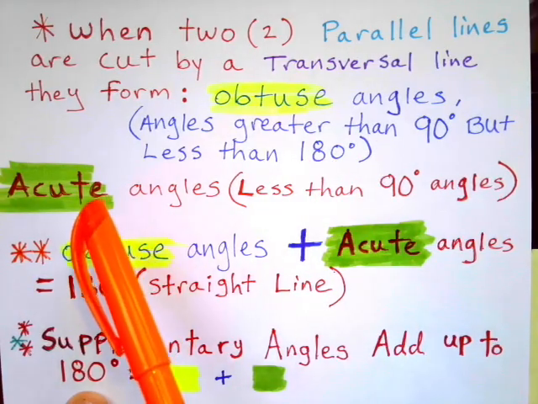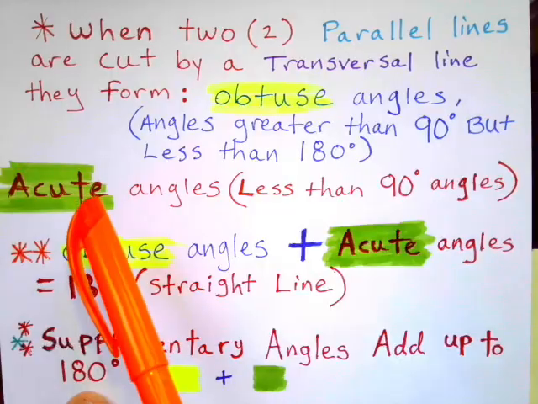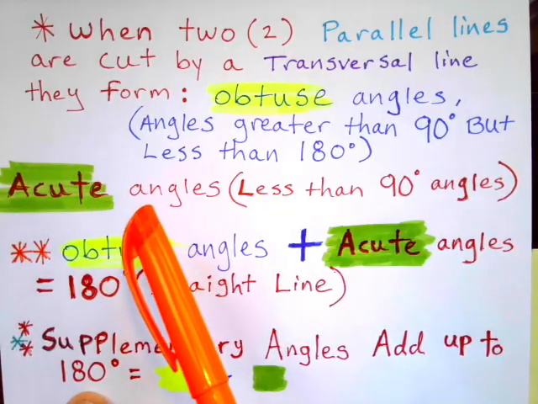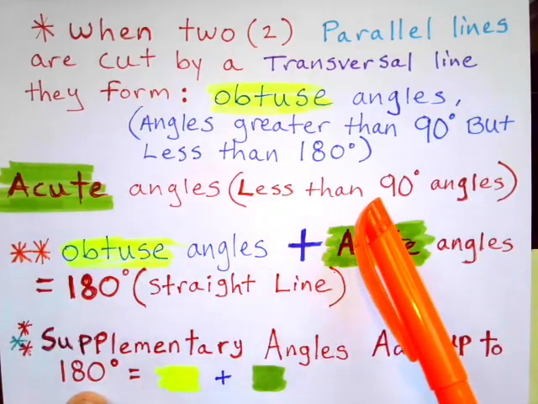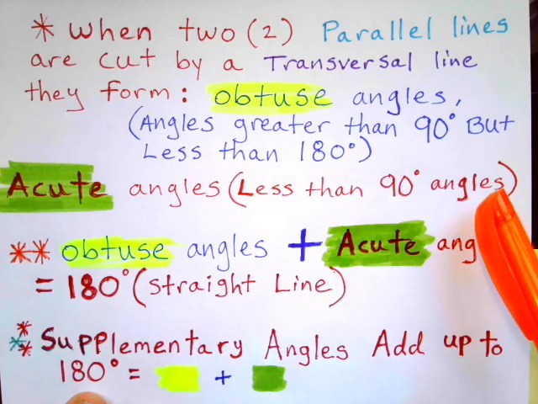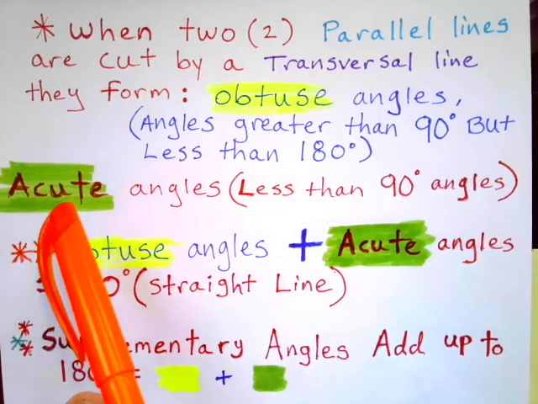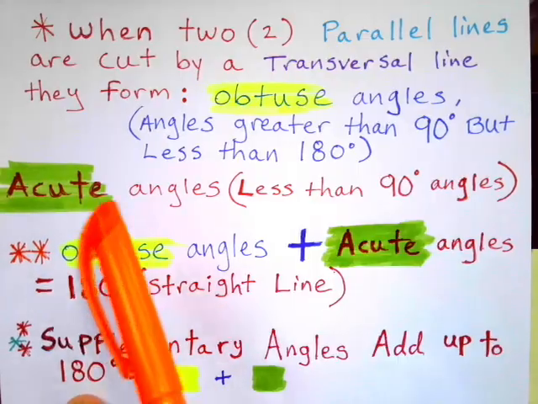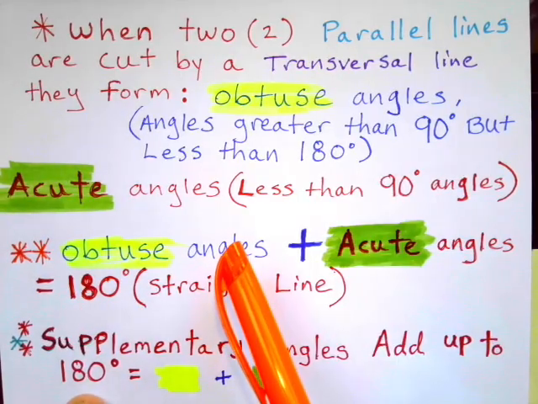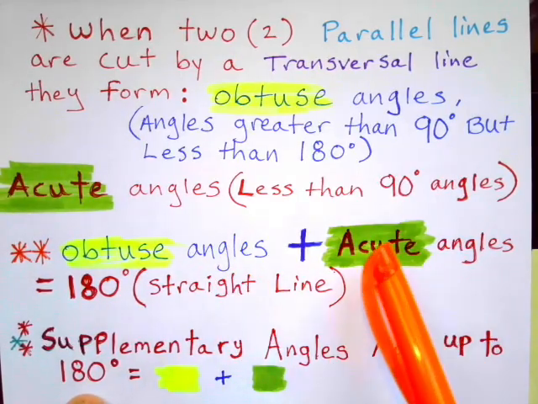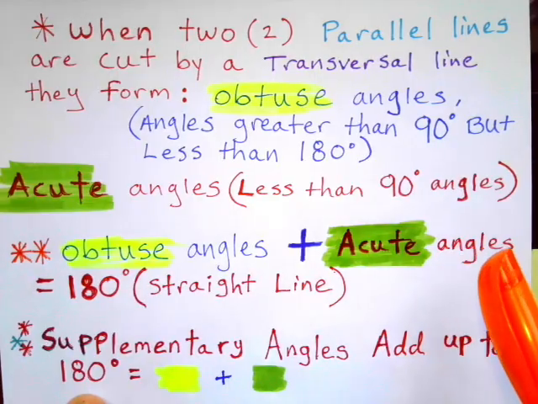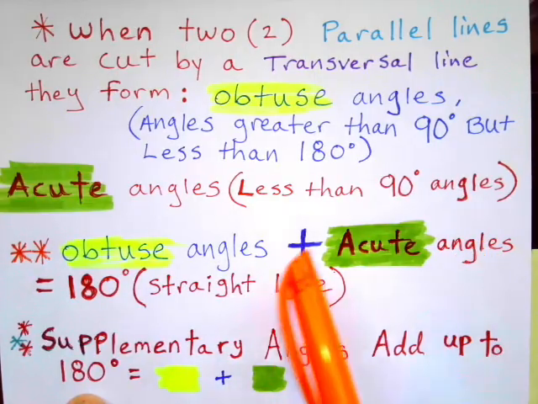It also creates acute angles. These were highlighted in green. Angles that are less than 90 degrees, okay? And those angles were highlighted in green. So you can take an obtuse angle and add it to any acute angle. Those are supplementary angles. Why?